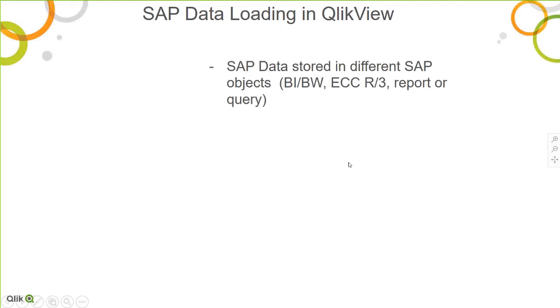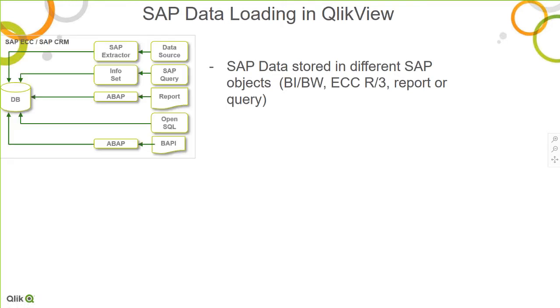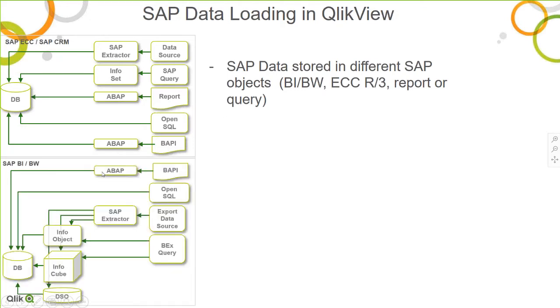For those of you who are relatively new with SAP and the Qlik SAP Connector, let me briefly explain some concepts. As you probably know, when we speak about SAP, we deal with different environments. It could be an SAP ECC environment, ERP environment, or an SAP BW environment.